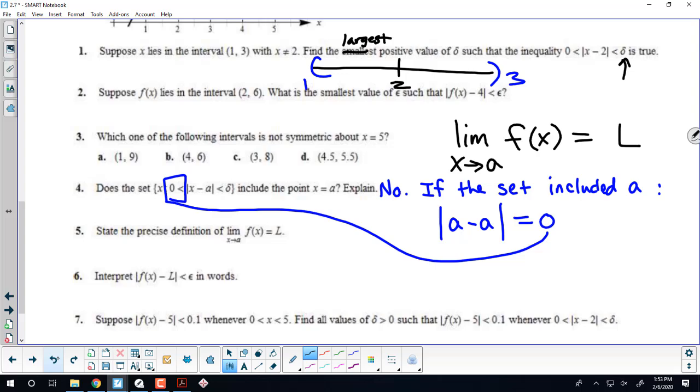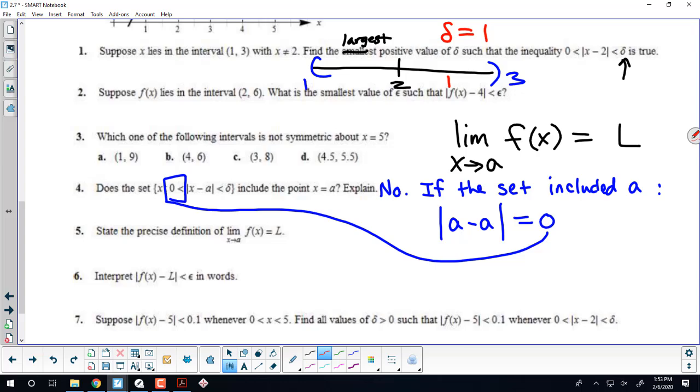It doesn't count the entire interval, right? It's either north or south, but it's not both. So just 1? It's just 1, right? Because from 2, I can go out 1 unit in this direction and be on this edge. So in this sense over here, delta is equal to 1. Does that make sense?